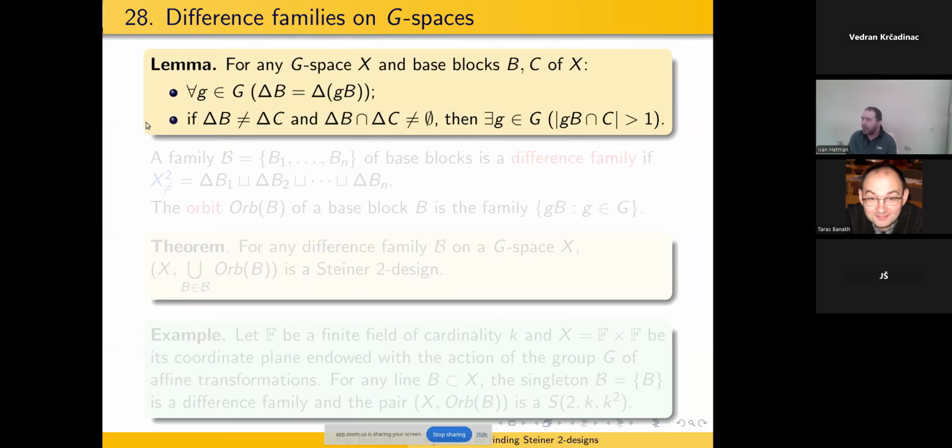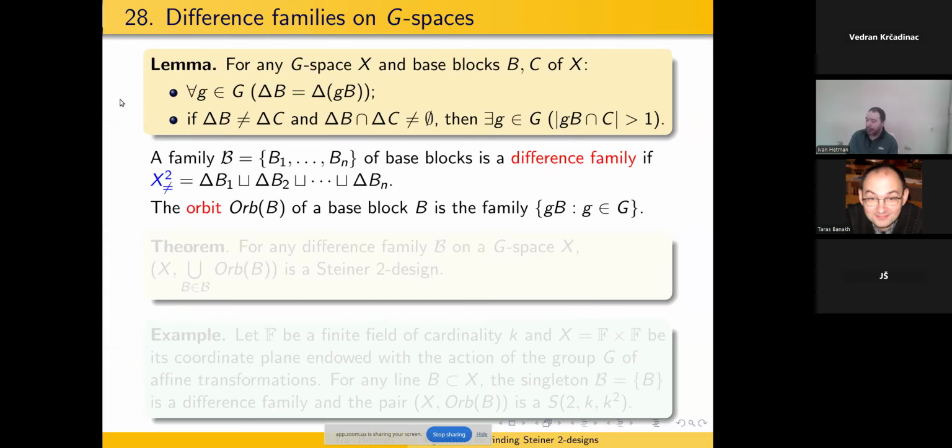Okay. And this lemma motivates the next definition of a difference family. So very similar definition as I showed you for groups. A family of base blocks is a difference family, but in this case, because we do not have a group here, the differences should cover X squared without the diagonal. So the Cartesian product without diagonal, and differences should cover it.